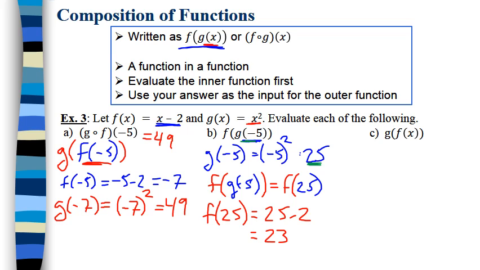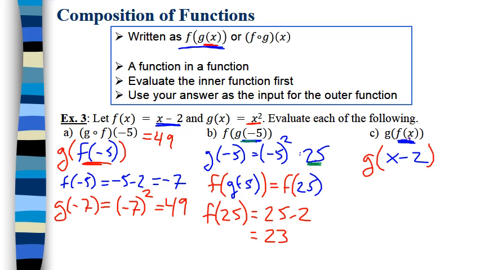Okay, so the next problem, g of f of x. So for x, I'm going to first put x into my f function. So my f function is x minus 2. Remember, f of x is x minus 2. So g of f of x is g of x minus 2.